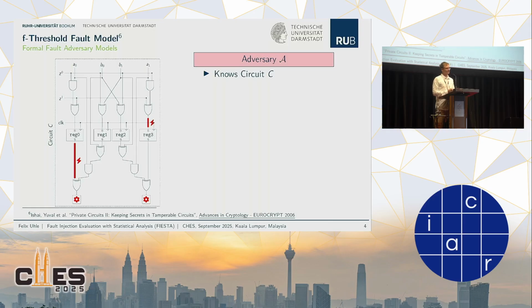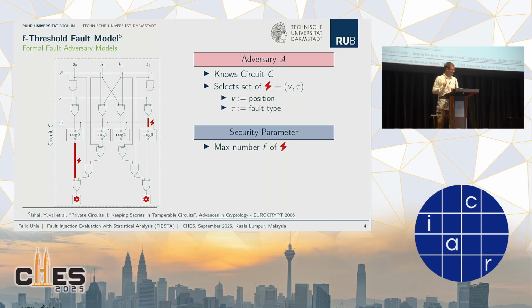In this model, the adversary knows the circuit and can select up to F wires he wants to fault, and he can decide which fault type he wants to induce. Examples of fault types are stuck-at-0, stuck-at-1, or toggle faults. The security parameter, which tells us how strong an adversary is, is the number of faults F that the adversary can inject.